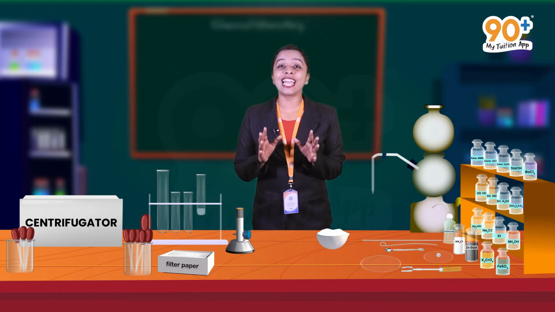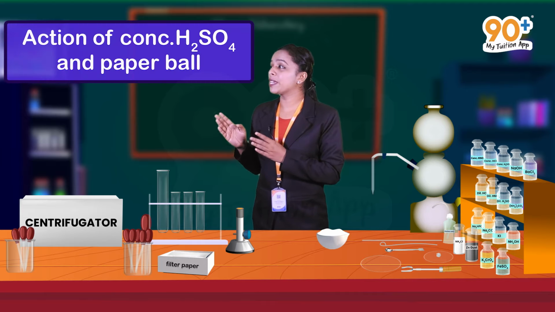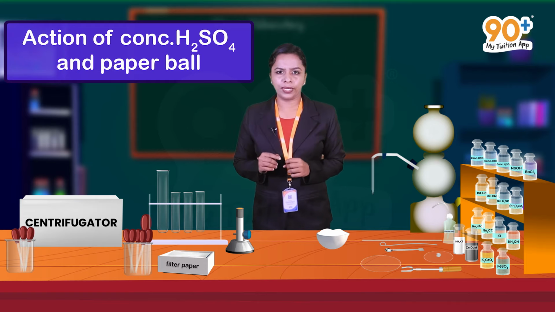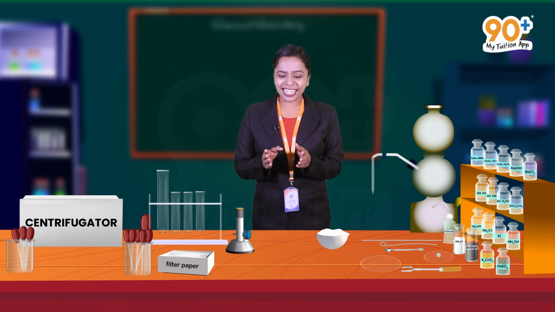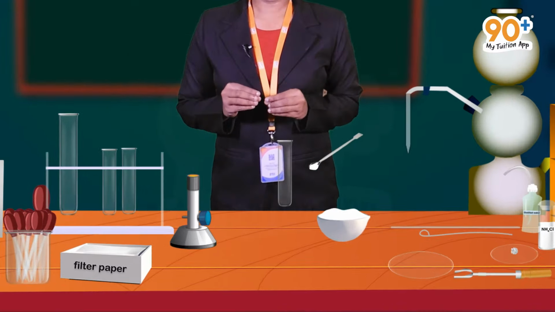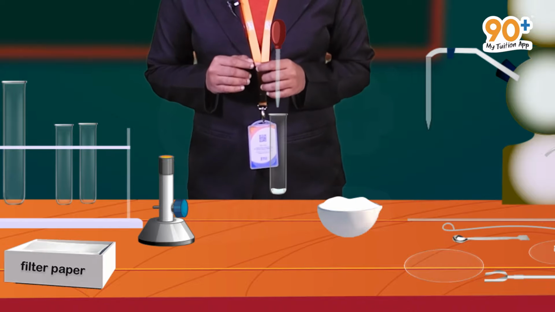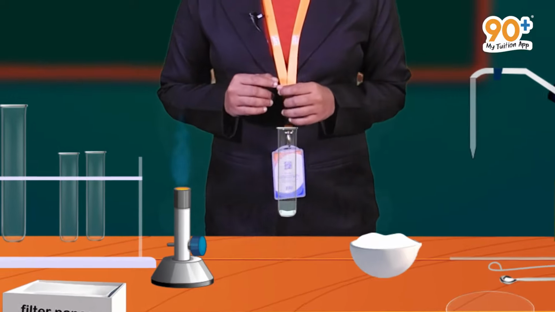Moving to the next identification test, that is action of concentrated H2SO4 and paper bowl. For this, take a clean and dry test tube. To this, add a little amount of given salt. Now, add a few drops of concentrated H2SO4. Then, heat the test tube.